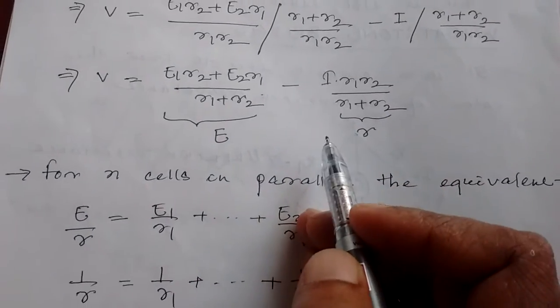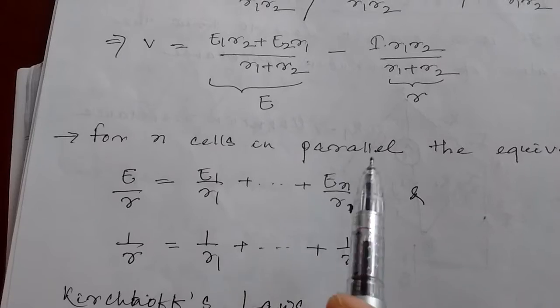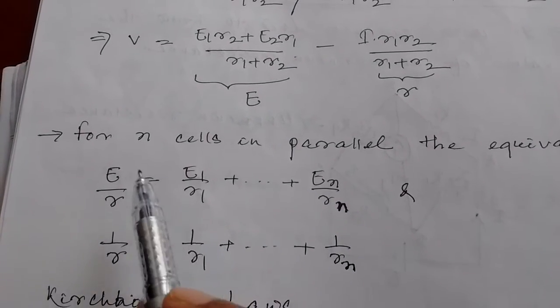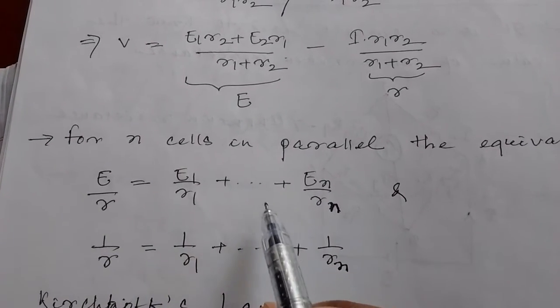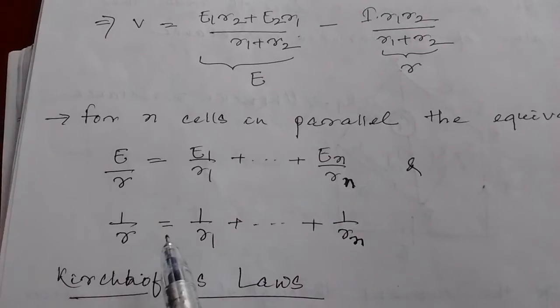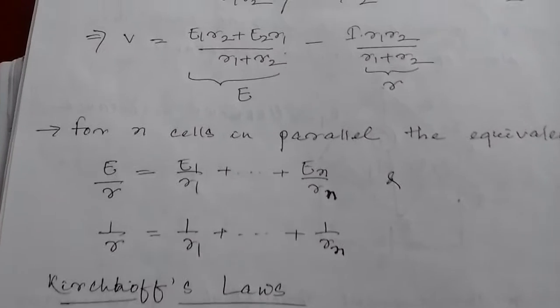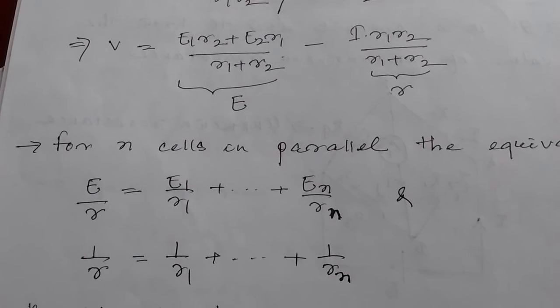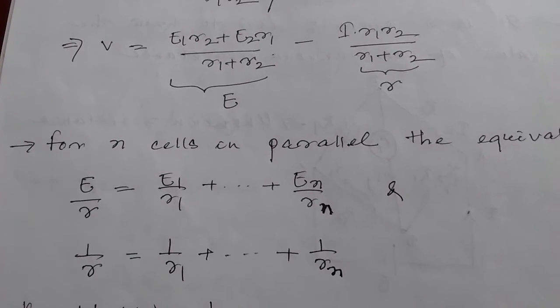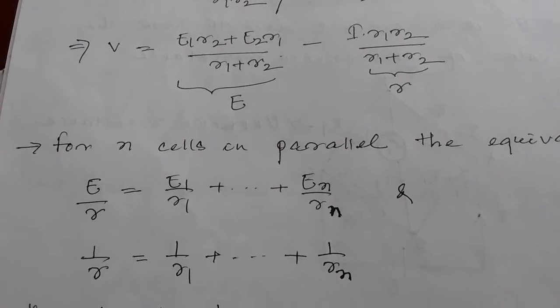These are for two cells. For n number of cells, E by R is equal to E1 by R1 plus E2 by R2 up to En by Rn, and 1 by R is equal to 1 by R1 plus 1 by R2 up to 1 by Rn. Okay, this is all about the parallel combination of cells.